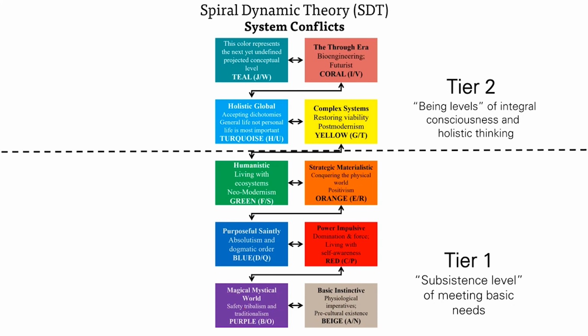And here you're looking at Game of Thrones. This particular worldview with this red power impulsive has a certain level of admiration for this one with the strategic orange absolutist worldview, in that this person doesn't care about making enemies.